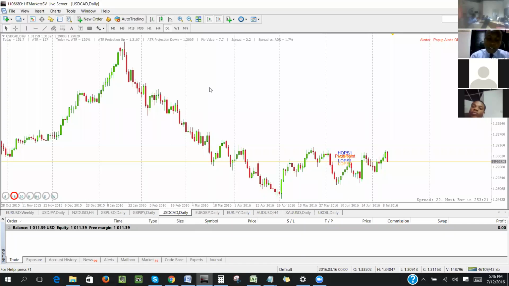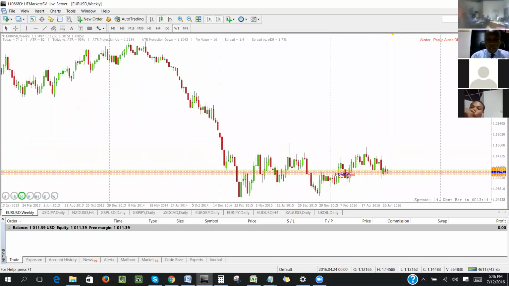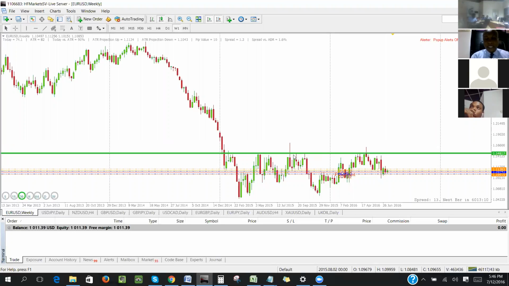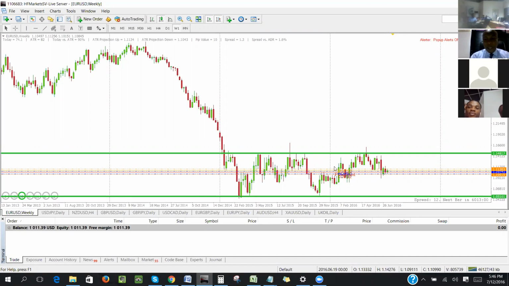I combine support and resistance levels with fundamental analysis. For instance, if you look at this on Euro USD, I'm going to mark this area for us. What I'm trying to do is to connect the major levels. Okay, I'm going to mark this place.